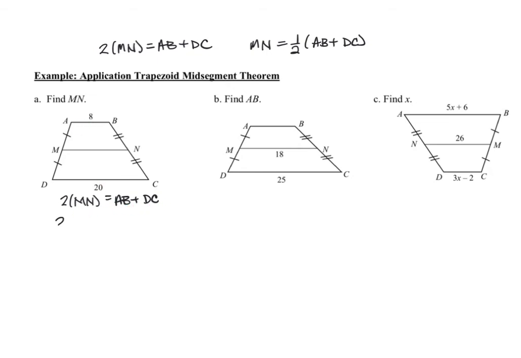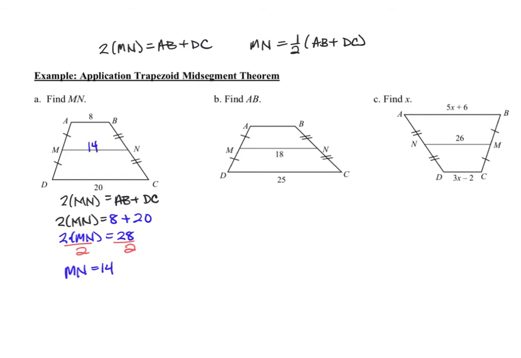So I don't know what MN is. That's what I'm trying to solve for. But I know that AB is 8, and I know that DC is 20. So I have 2 times MN is equal to 28. I can divide both sides by 2, and that tells me that MN is equal to 14.